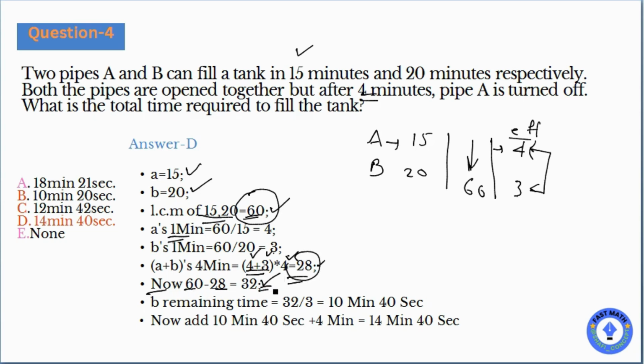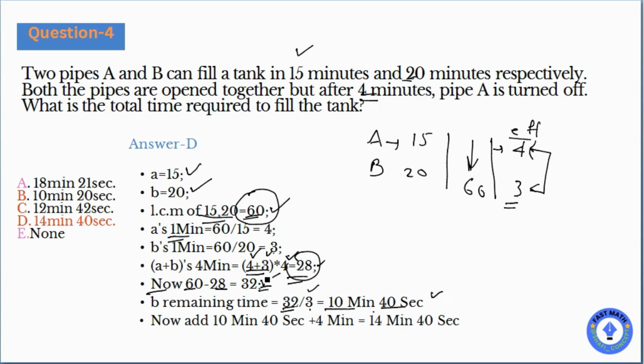The remaining should be filled by B only, because A is already turned off. That's why you go with 32 divided by the efficiency of B. 32 divided by 3 is 10 minutes 40 seconds, because 32 divided by 3 is 10 with a remaining 2, which is equivalent to 40 seconds.